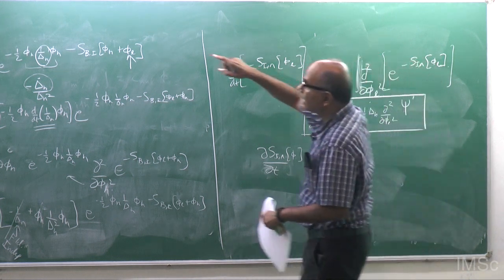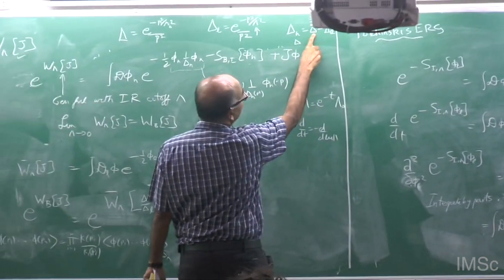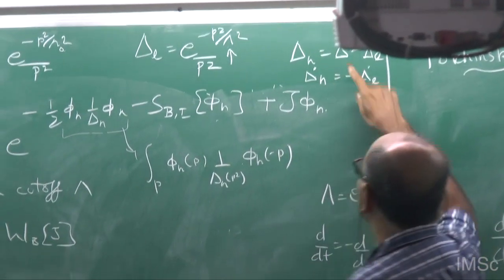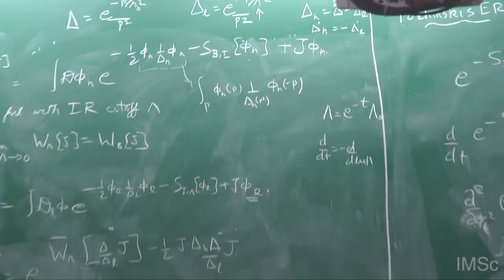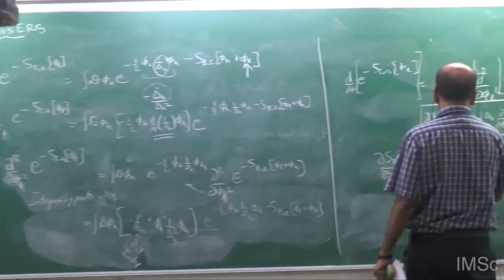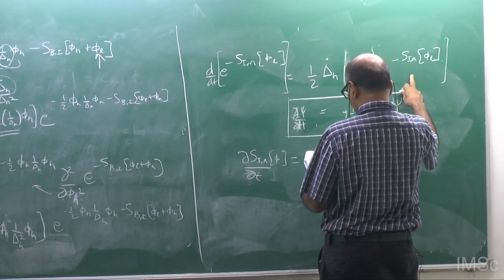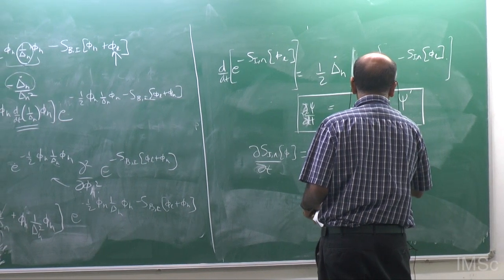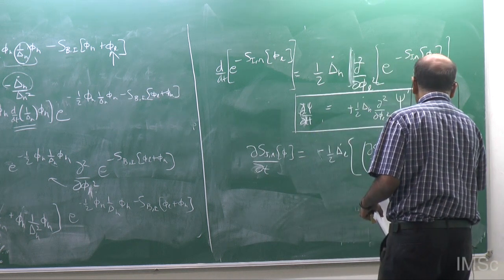Note that delta H dot, because of this minus sign, doesn't depend on lambda, so delta H dot is minus delta L dot. This has no lambda in it. The lambda is only in there. So I can replace this by delta L dot. So this is minus half delta L dot. And then this is two derivatives, so with the plus sign you get this term, and then with the minus sign you get that term.